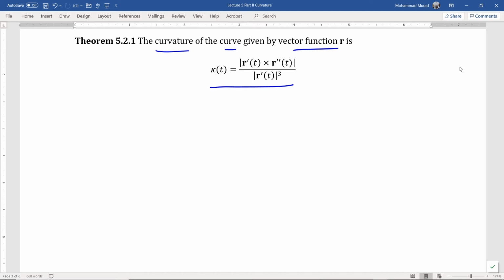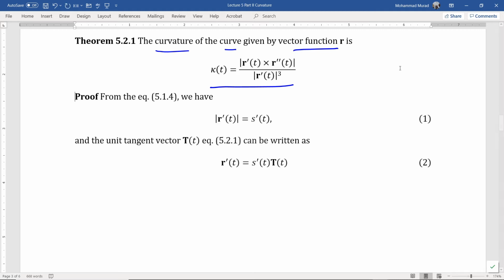And in the denominator, we have the cube of the magnitude of the vector r prime. Let's have a look at the proof of this theorem.